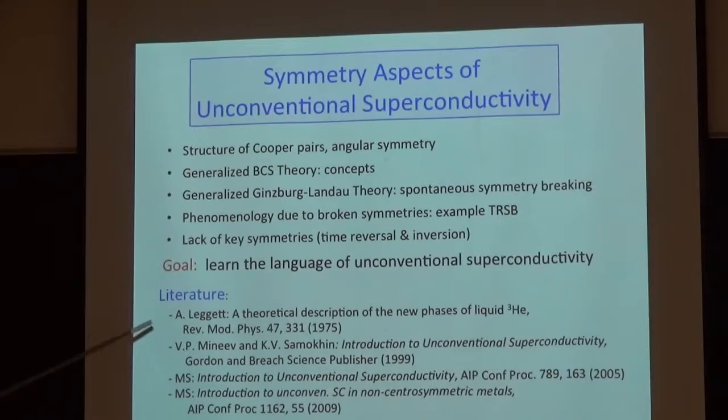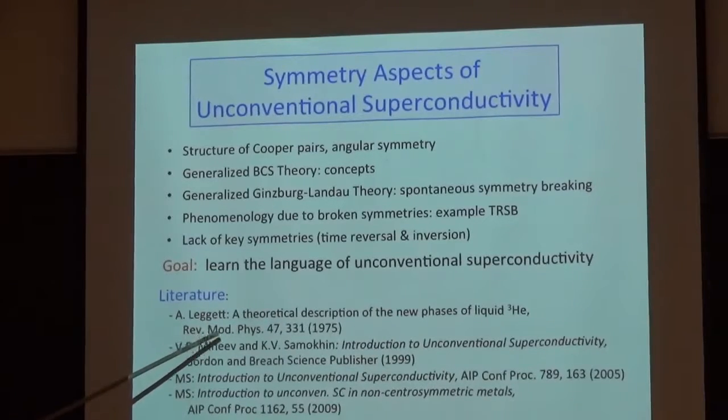So here is also some literature which will help you to get the stuff which I will talk about. I learned my business from Tony Leggett, from this old review from '75, a theoretical description of a new phase of liquid helium-3. Helium-3 is basically the first example of an unconventional superconductor. It's actually a superfluid. Then there's a very nice book by Mineev and Samokhin, Introduction to Unconventional Superconductivity, published in '99.